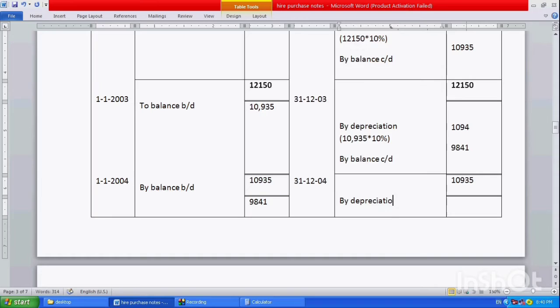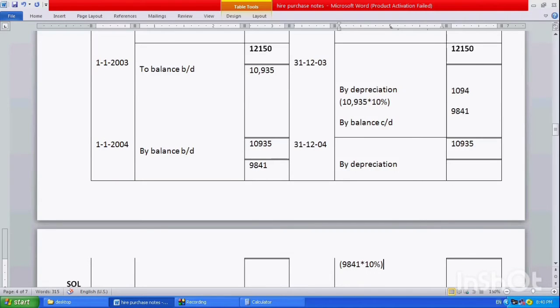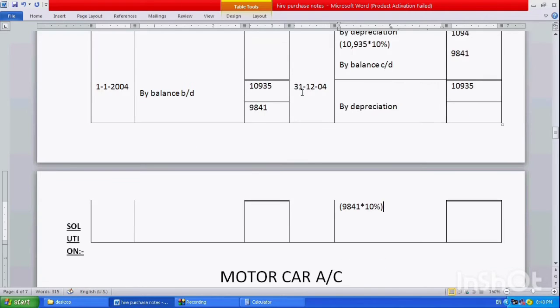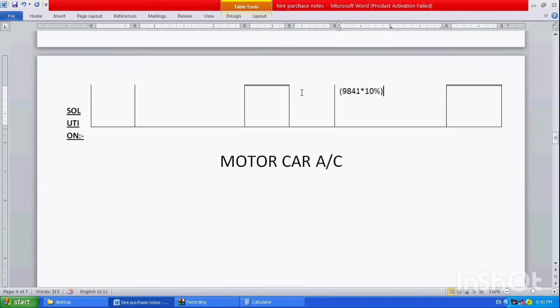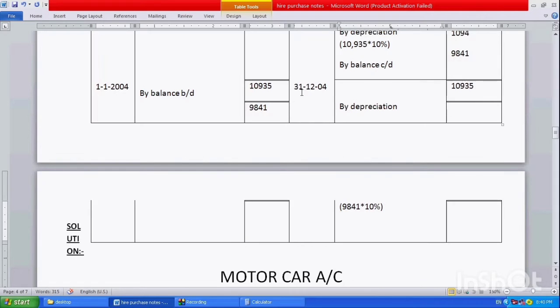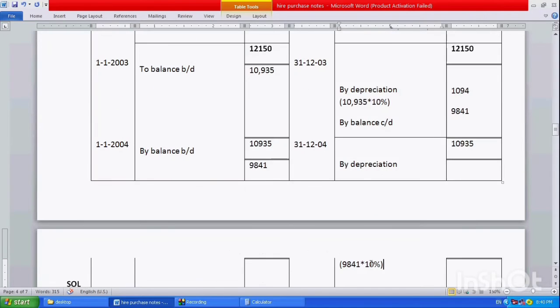Depreciation, what is the amount remaining? 9,841. On that into 10%, 984 is the final year depreciation. A problem happened, but it will be fixed as soon as possible.